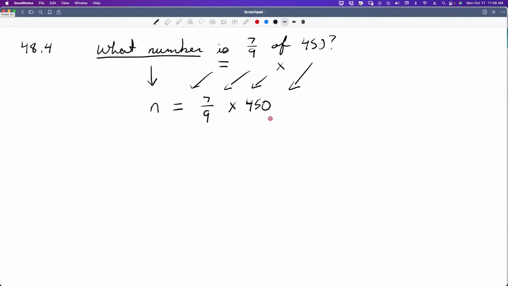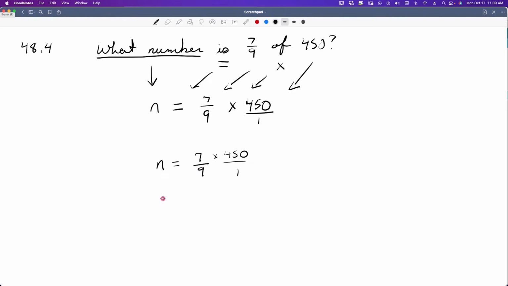Now we can solve it. All we have to do first is turn this whole number into a fraction. So n is equal to 7/9 times 450 over 1. All right, so let's look at our factors here.